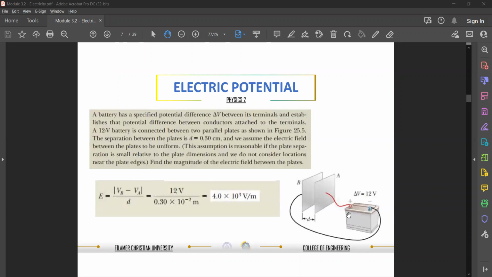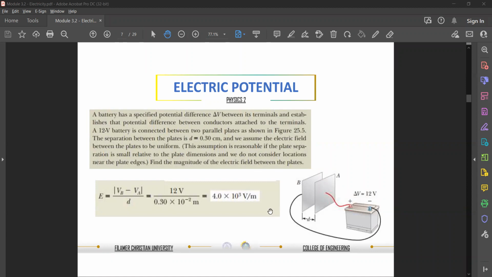We have an example again. This is a battery and certain plates. We have 2 plates here. A battery has a specified potential difference, or what we call delta V, the change in potential or voltage between its terminals. We have terminal A and terminal B, a positive and a negative terminal, and it establishes the potential difference between conductors attached to the terminals.